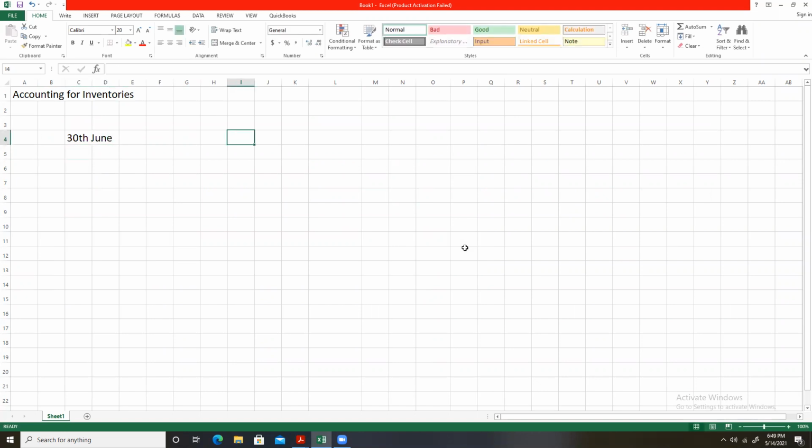The value of inventories on 30th June can be regarded as opening inventory because 30th June is a date prior to 7th July.